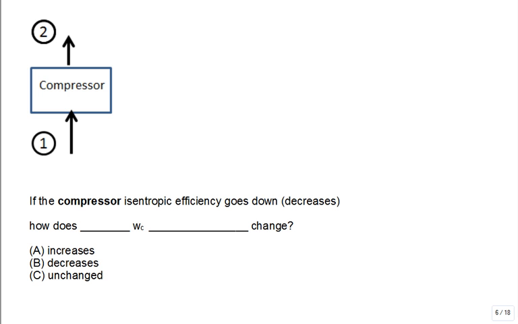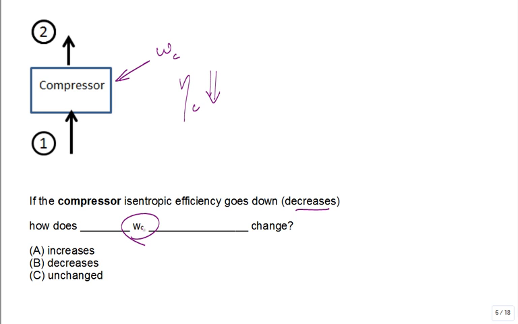If the compressor isentropic efficiency goes down, if it decreases, this is the same direction. How does W_C change? What is W_C? That's the work going into the compressor, right? This is a positive value.